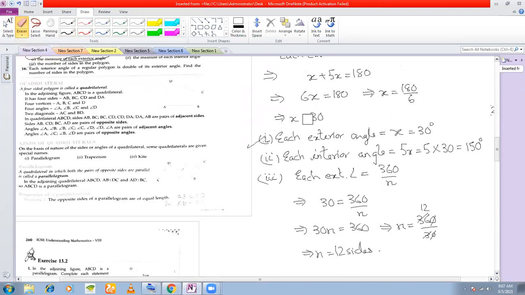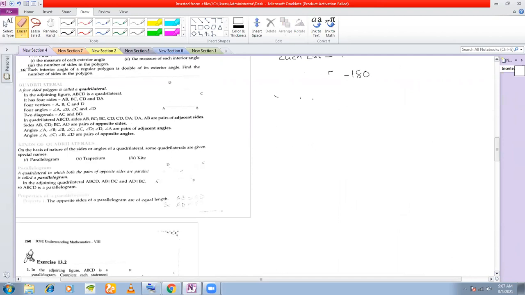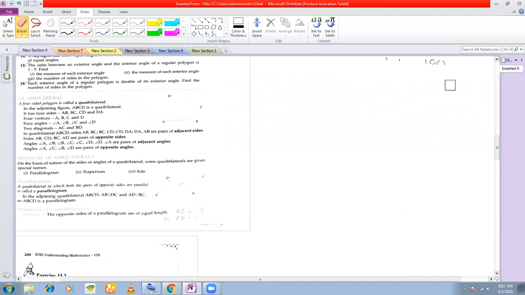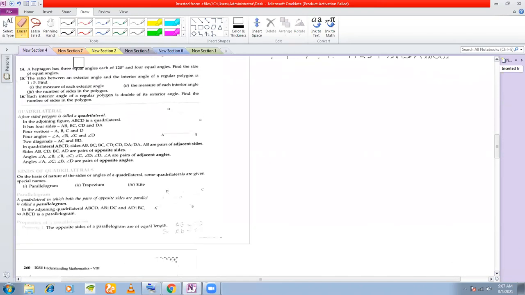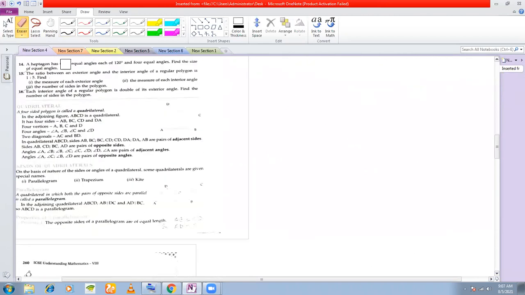Now we move on to the last problem, number 16. Question is, each interior angle of a regular polygon is double its exterior angle. Find the number of sides of the polygon.